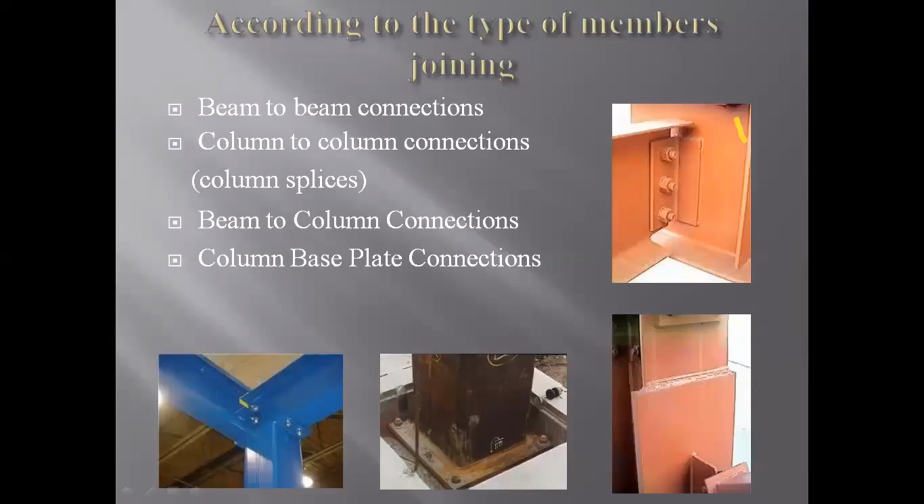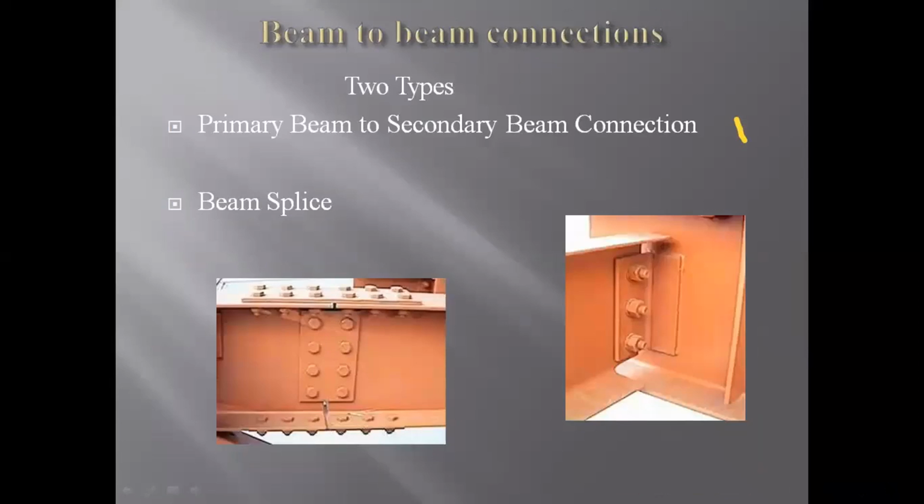So this PPT I'm going to share with you, and you can go through what do you mean by slab base, how the column is connected to the slab base, right? And what do you mean by cleat angle, and what are the different types of members joining, beam to column, column to column, right? In that way you can understand easily.